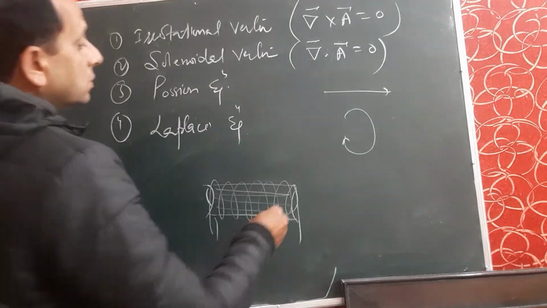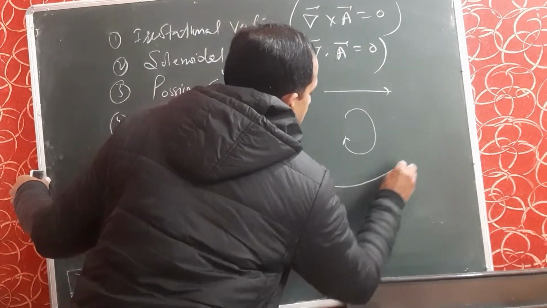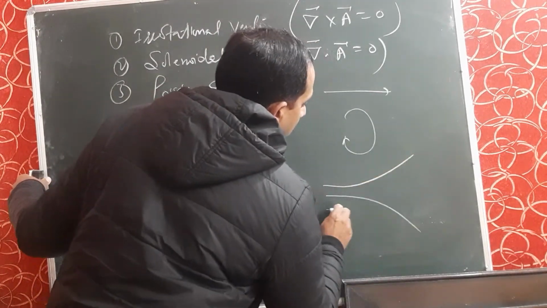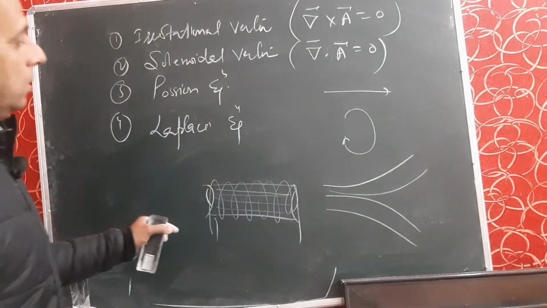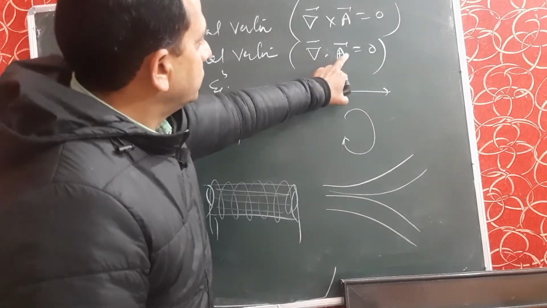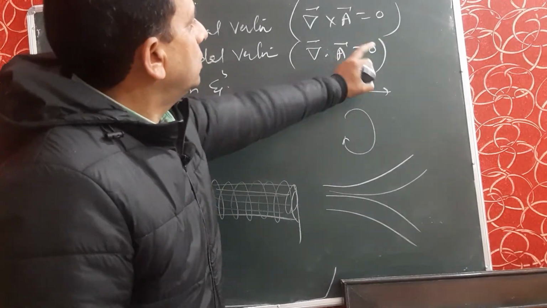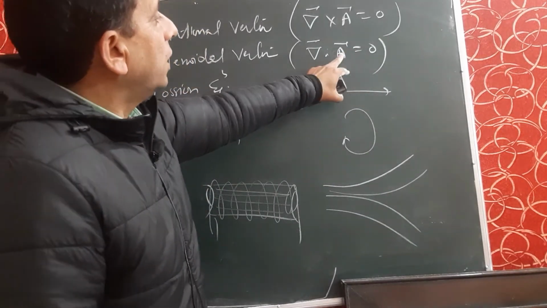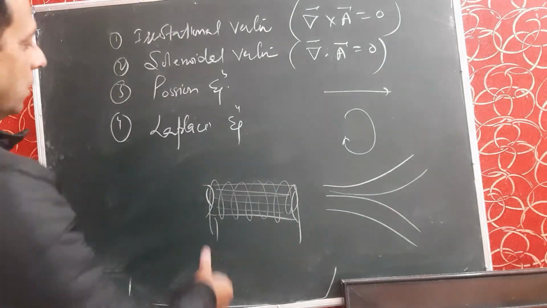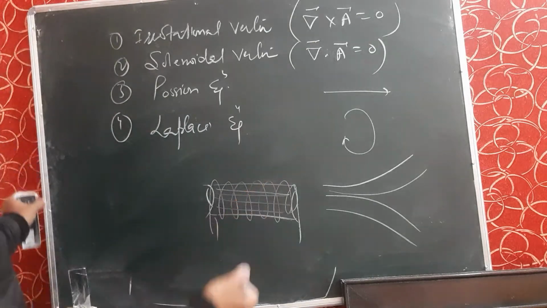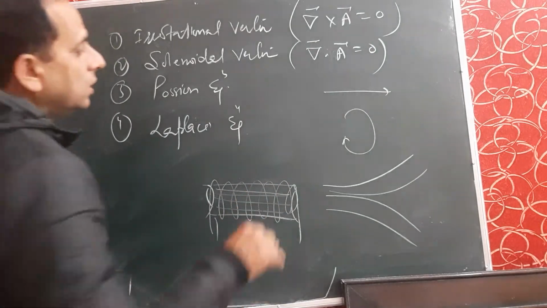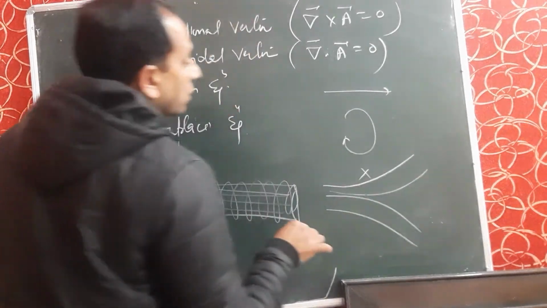So what is divergence? Anything which spreads in all directions like this is called divergence. If divergence of a vector is 0, it means that this vector cannot diverge. It means this vector remains constant. The constant vector, the uniform vector, means which cannot diverge. So divergence of that vector is not possible.